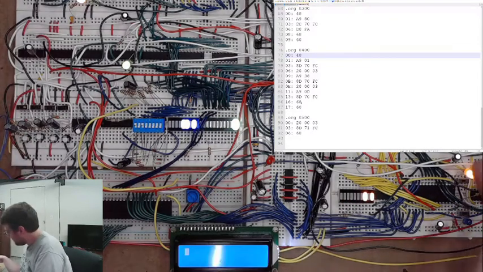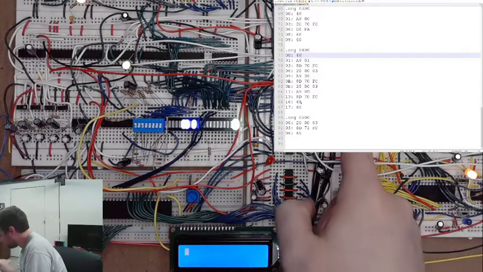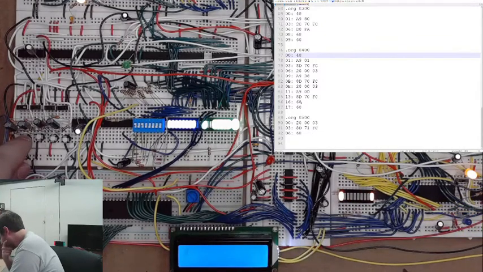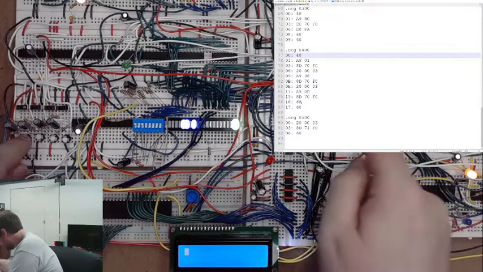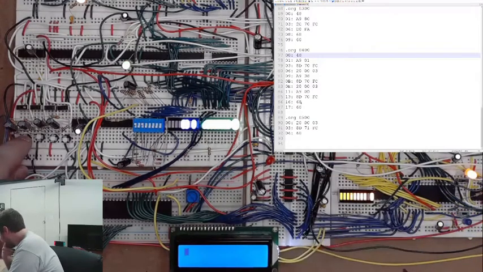And now we're in RAM and we're supposed to be still in ROM. Why does it get disabled?